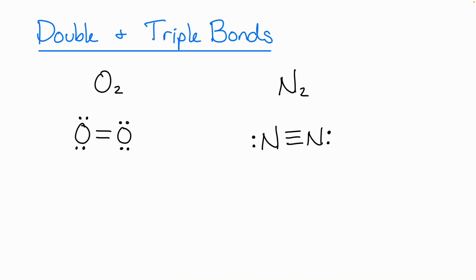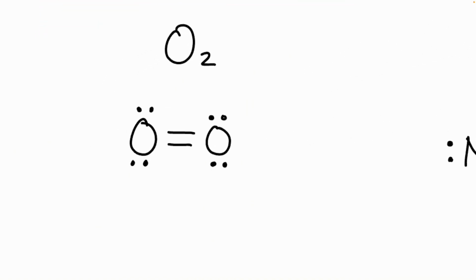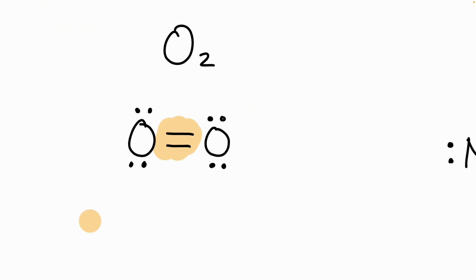If we want to focus on this oxygen here, we see that these 2 oxygen atoms are connected by 2 lines. This is what we would call a double bond.